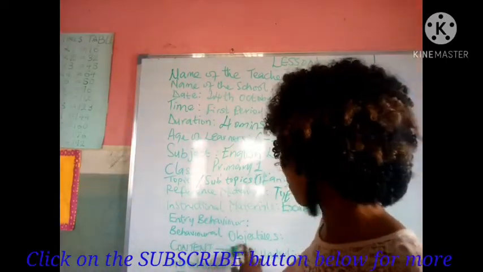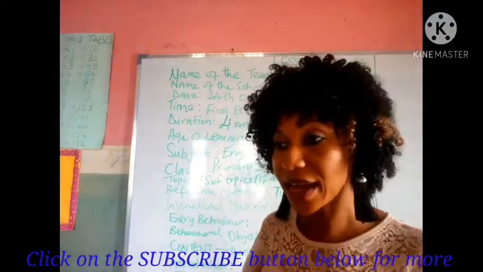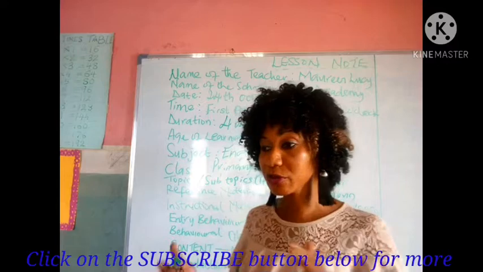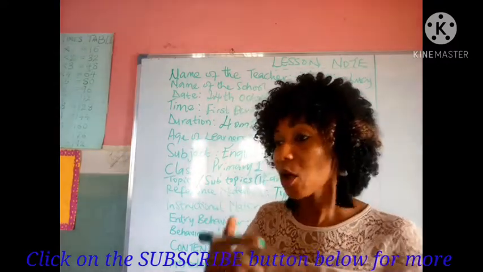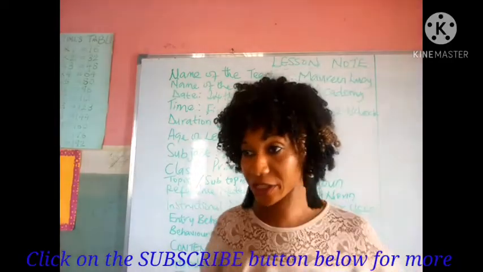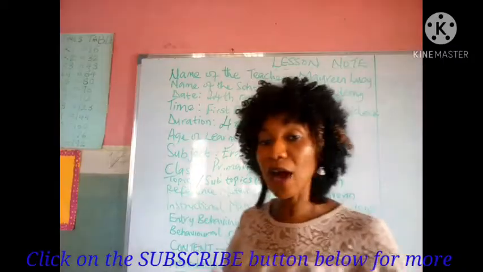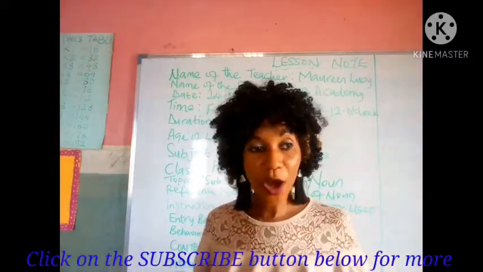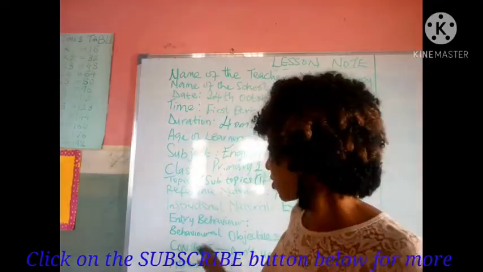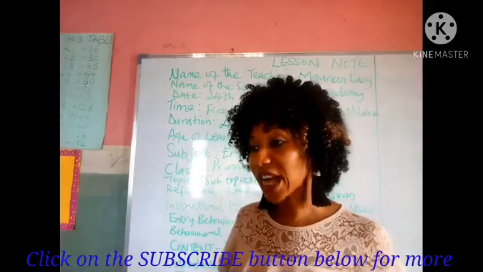But under this behavioral objective, you state your objective based on the topic you are about to teach. This is where you state what you want to achieve, and the objectives you state must be measurable. What do you want to achieve?